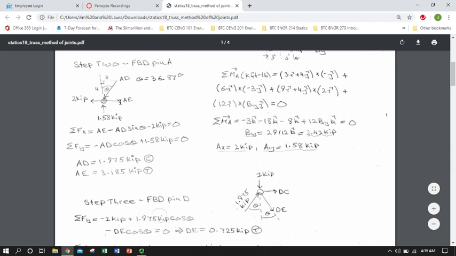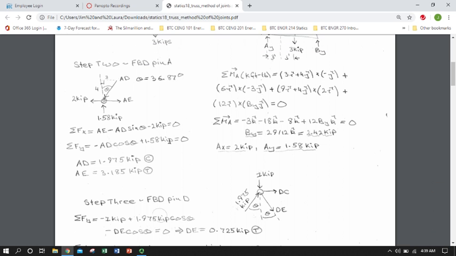I have A sub E in the x, balanced by the x component of A sub D, which is the total magnitude of A sub D sine theta, and then I have the 2 kip support reaction being applied at A in the negative x direction. In the case of sum of the forces in the y, I have negative A sub D cosine theta downward being balanced by 1.58 kips upward from the support at A.